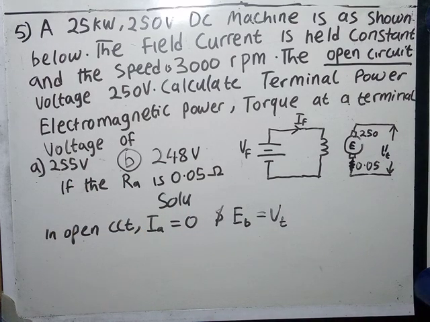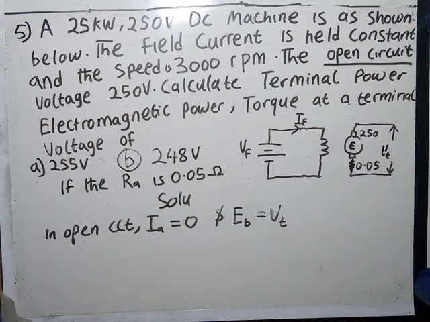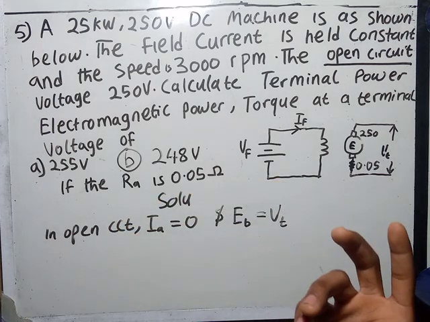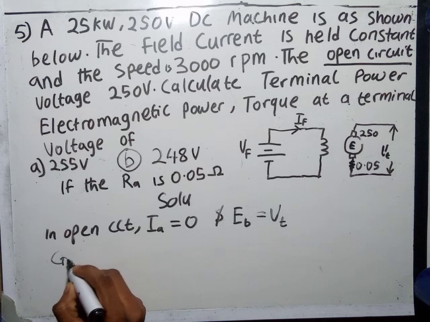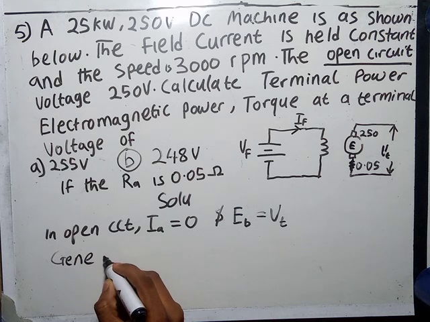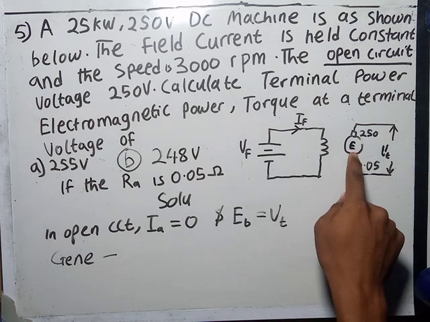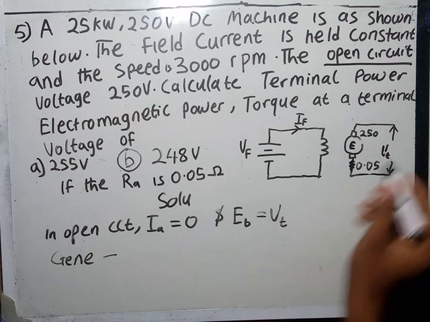Now, before we go further, we like to revisit the equations of both a DC generator and a DC motor. A DC generator has this formula: a generator converts mechanical to electrical. So it is the armature that is supplying current to the terminals.